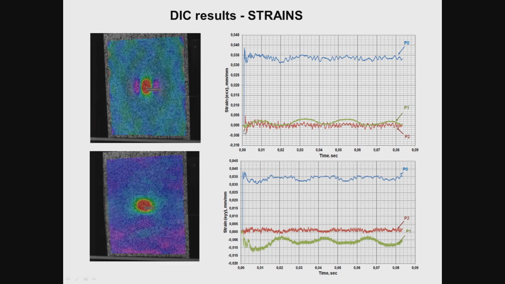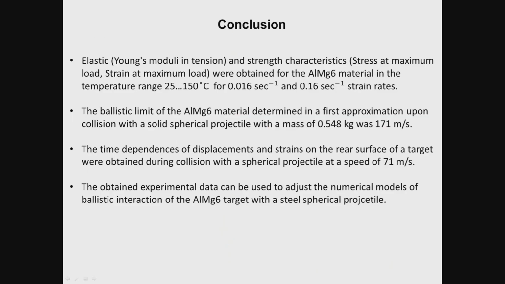the collision process. So in conclusion, I want to say that elastic and strength characteristics were obtained for AlMg6 material in the temperature range of 25 to 150 Celsius for 0.016 and 0.16 strain rates.